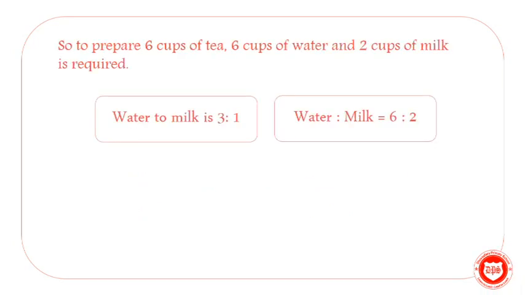Now let's try an example. To prepare 6 cups of tea, 6 cups of water and 2 cups of milk are required. In the previous example, in example 5, to prepare 3 cups of tea, 3 cups of water and 1 cup of milk was required.